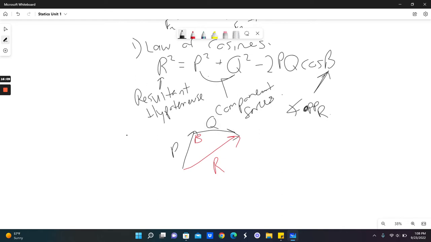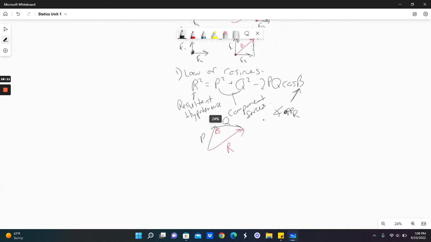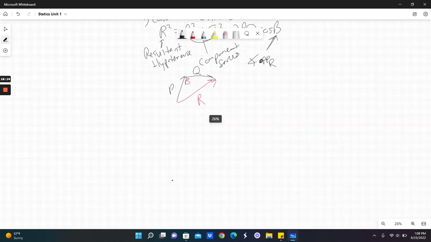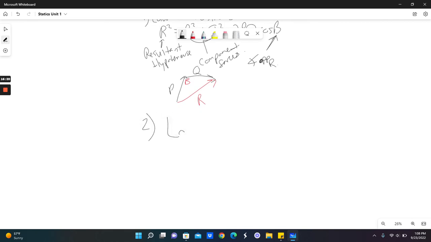You could switch them if you want, but I want to just have something there so that we can now go on to part 2, our law of sines. So with sines, let's name 2 more, our other 2 angles.